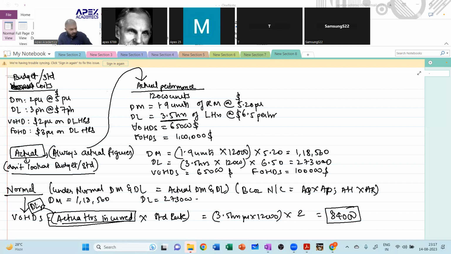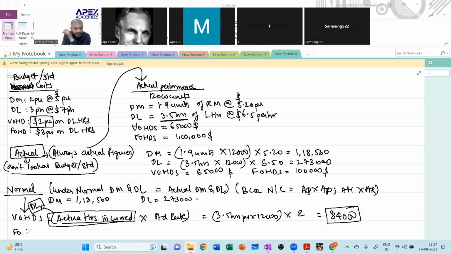So the direct labor was working for 3.5 multiplied by 12,000, which is a total of 42,000 hours. And since they worked for 42,000 hours, it was budgeted that they will incur 2 per hour. That is why it is going to be 2 over here.